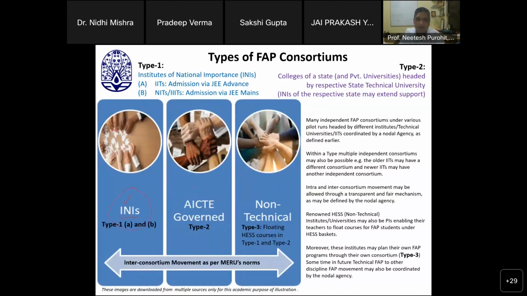And then the entire AICTE governed institutes, that is the institutes running under the state technical universities, may be another consortium, or there may be multiple consortiums here, one consortium belonging to one particular state. And the basic idea is, within the consortium, the movement of students, the exchange of faculties, and all this should be provisioned. There should be some mechanism. Similarly here, there should be some mechanism by which the students' movement should be allowed. And what should be the mechanism? We have defined explicitly in the flexible academic program framework.